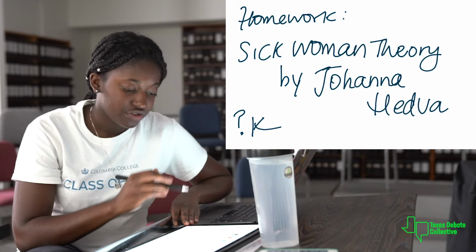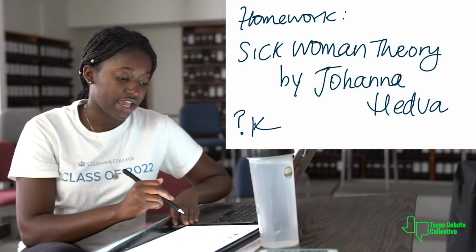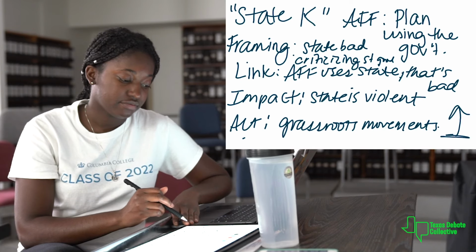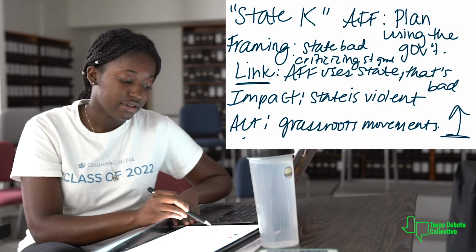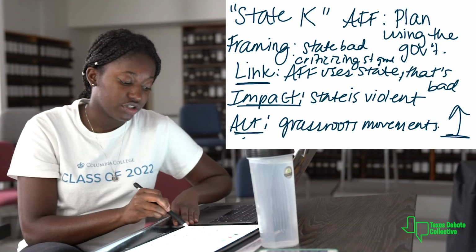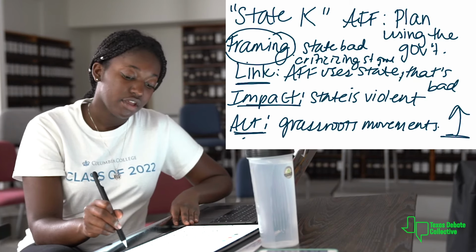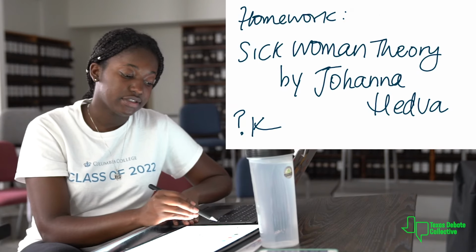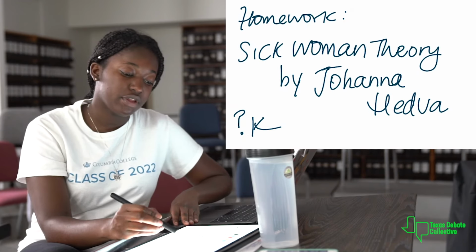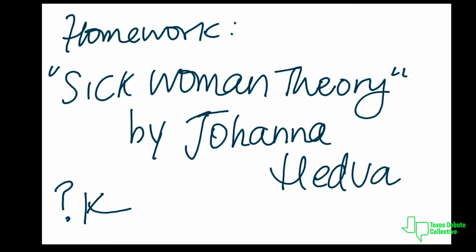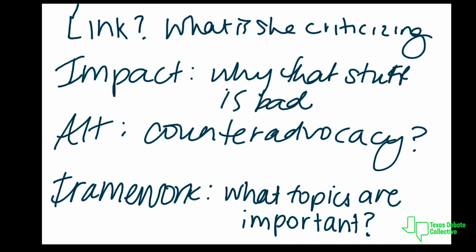So, just to go over this, the structure of a K is link, impact, alternative, and then you should have your framing. Your homework is to review the Sick Woman Theory article by Johanna Hedva and identify what a possible critique would look like coming out of that.